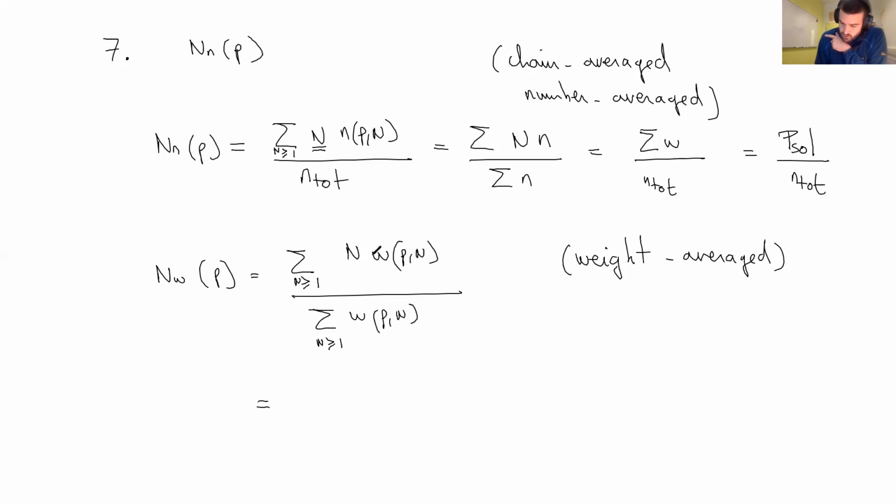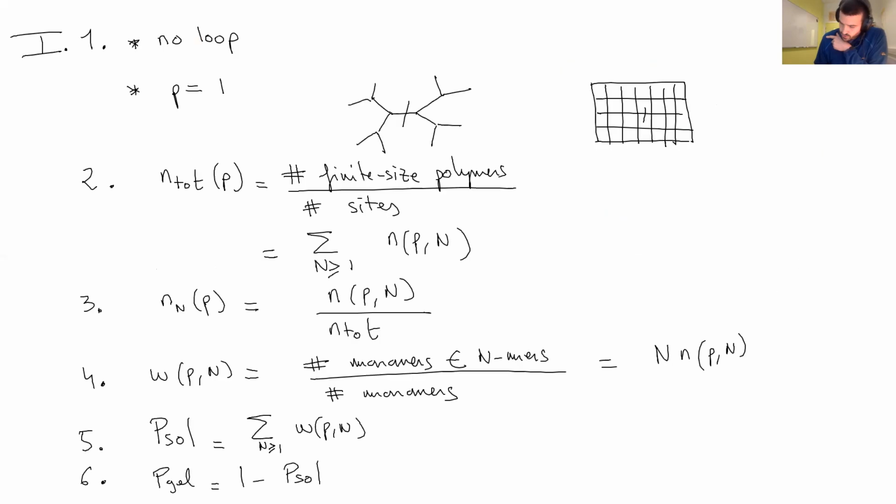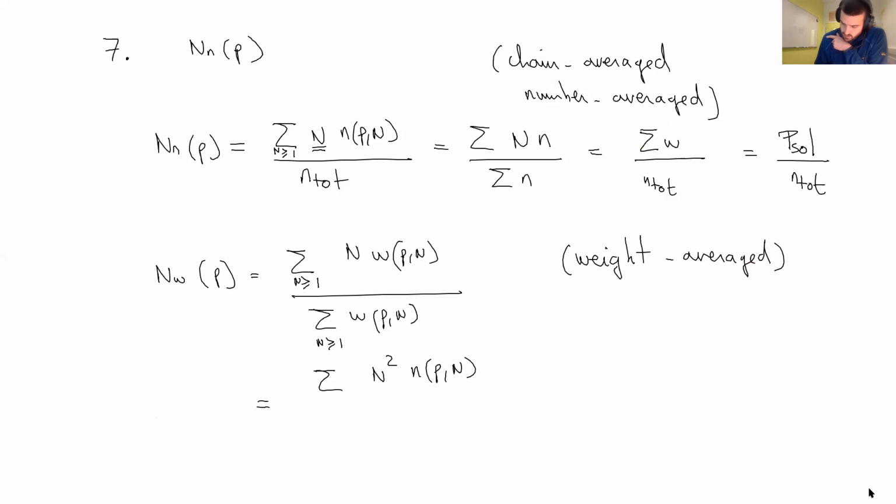Okay, so you can rewrite this differently. We already know that this is related to n squared times n. If I replace W here by its expression capital N small n. And this is the p-sol fraction. So you see, in fact, you could revisit those definitions by saying this is exponent 1 and this is exponent 2. So in fact, those are two moments of the distribution n.